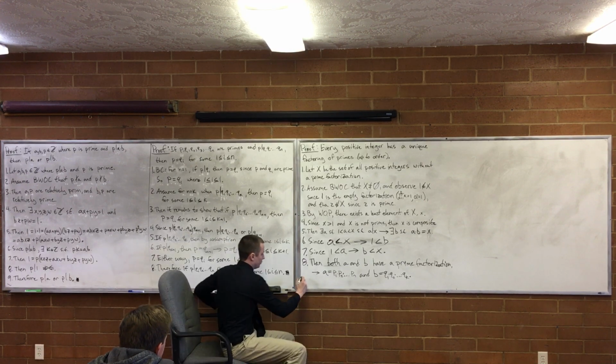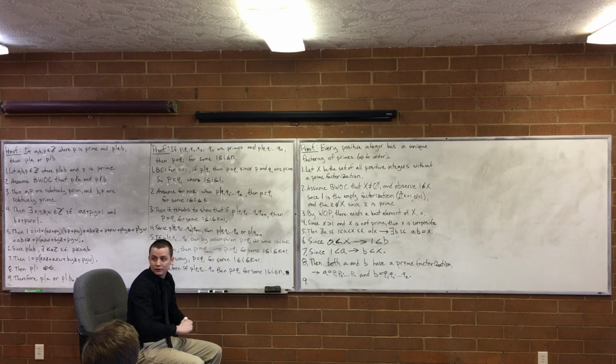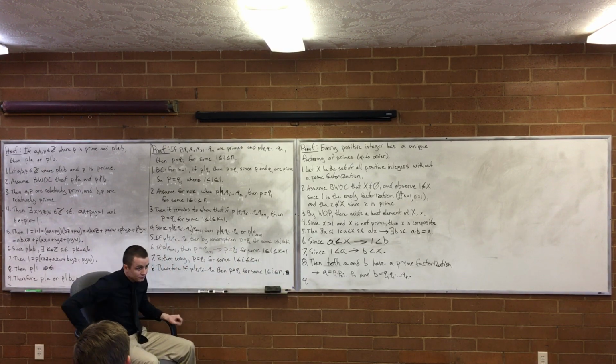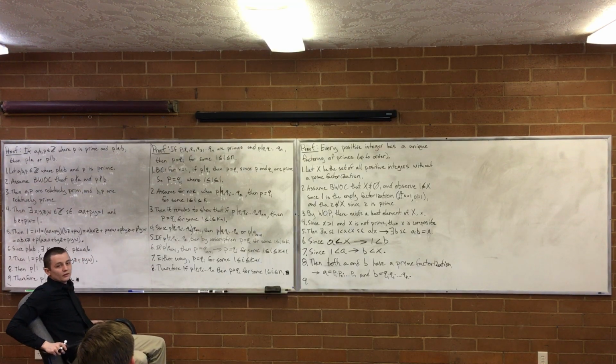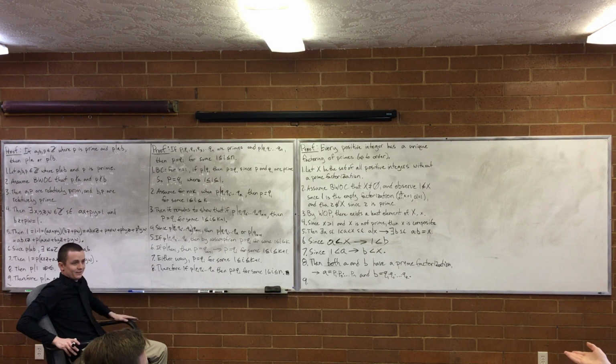Then, what does that give us? Where's our big contradiction? Well, the factors of a and b are prime, and a and b are factors of x.